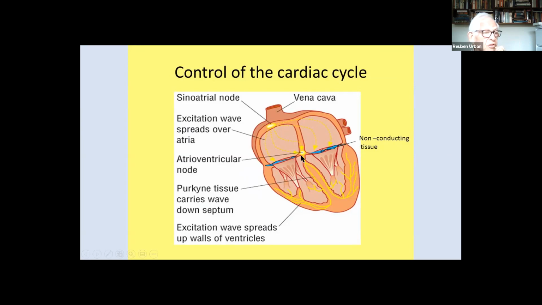It also sends a signal to the AV node. I've lost the AV node here, but the delay is because of this layer here. I haven't found a name for it, but they're calling it non-conducting tissue. And then what we said before.